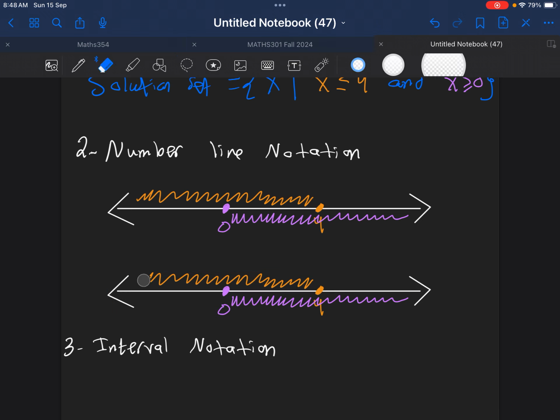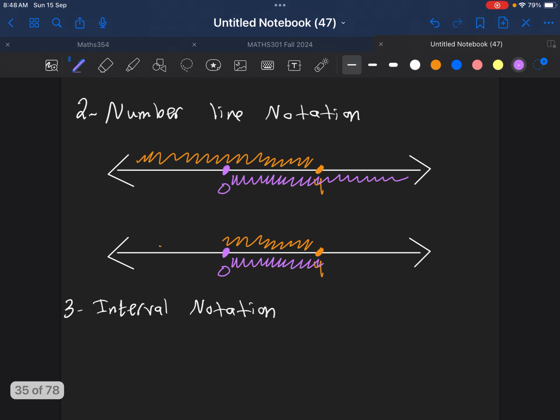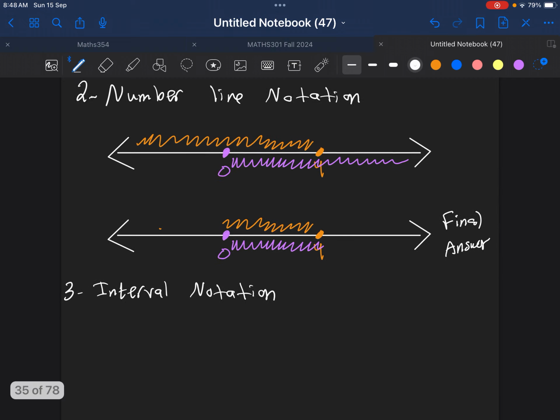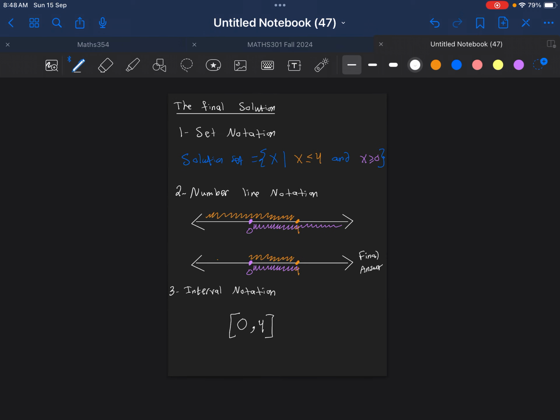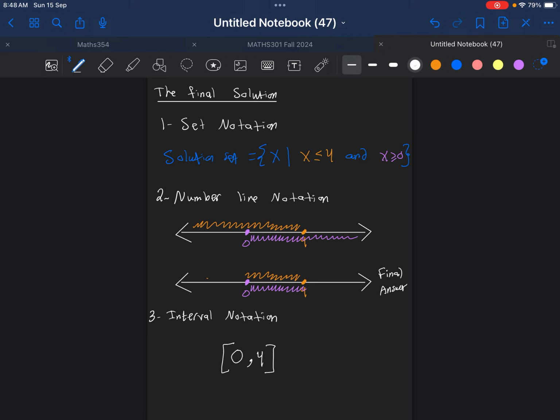Okay, I'll just erase this side here, and I will erase this side here. And that's the final solution. Final answer. Which means you will start at 0, you will end up at 4, 0 is included, 4 is included. And that's how we solve this question.